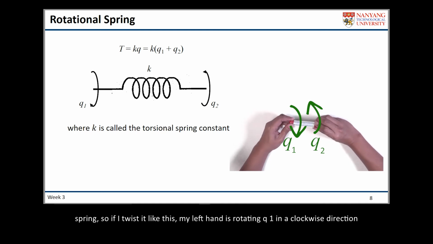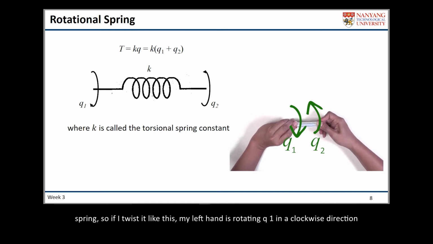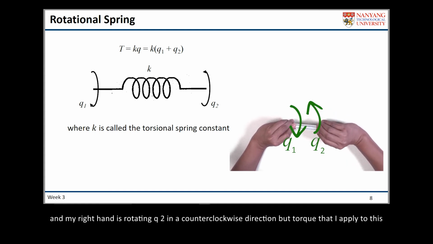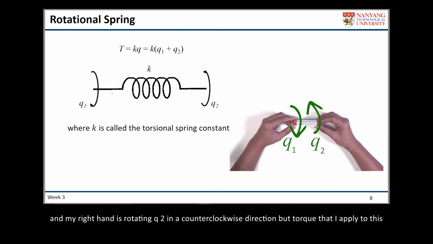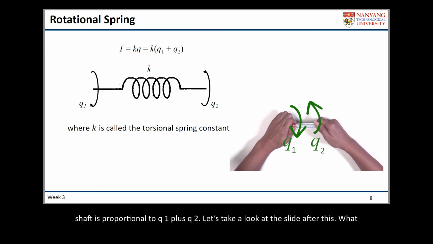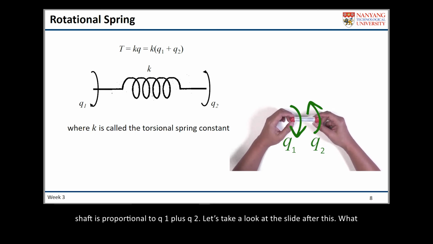So if I twist it like this, my left hand is rotating Q1 in the clockwise direction and my right hand is rotating Q2 in the counterclockwise direction. The torque that I applied to this shaft is proportional to Q1 plus Q2. Let's take a look at the slide after this.